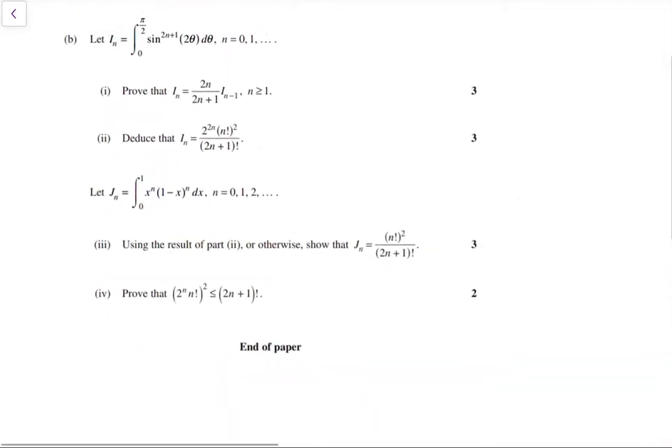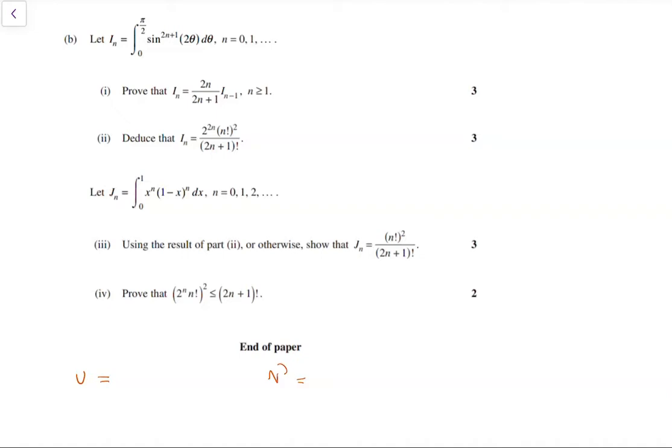So we want to find a u and a v dash that multiply to sine 2n plus 1 of 2 theta, and we want v dash to have a nice integral and u dash to have a fairly okay derivative.